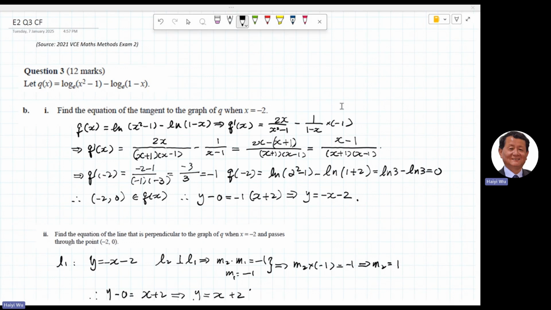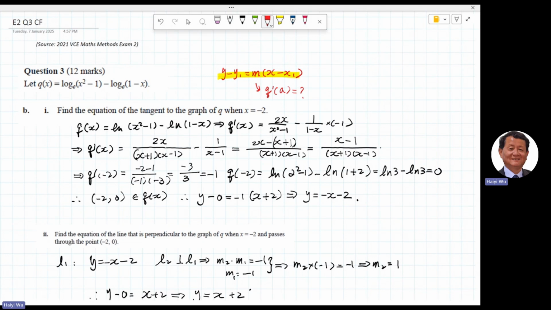Given the two functions, one is q(x), which is a log function. We need to find the equation of the tangent, so this is good practice to learn how to find the equation of a tangent. Here is the formula: if I have a point and a gradient, I can use that. m is the gradient, which is q'(x) when x equals a particular value.